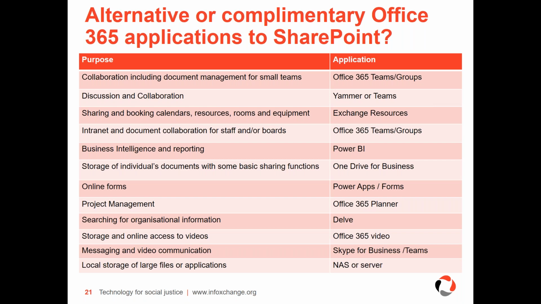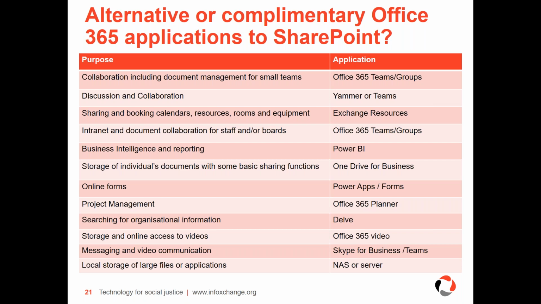InfoPath was a tool that was developed, I think from memory, with SharePoint 2003. It was to be retired in 2018. It's now going to be extended to 2026. It's a little bit old school in its forms compared to Power Apps, which presents a much richer looking interface to the users.